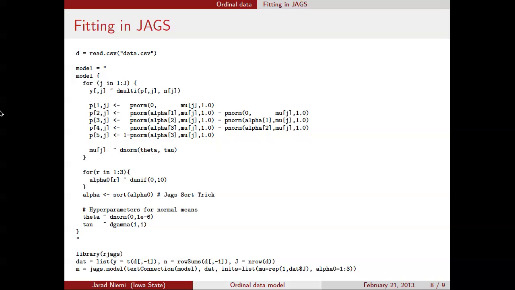The last part we have here is then our hyperparameters, distributions for our hyperparameters for theta and tau. I mentioned that I used in this example a normal and a gamma.